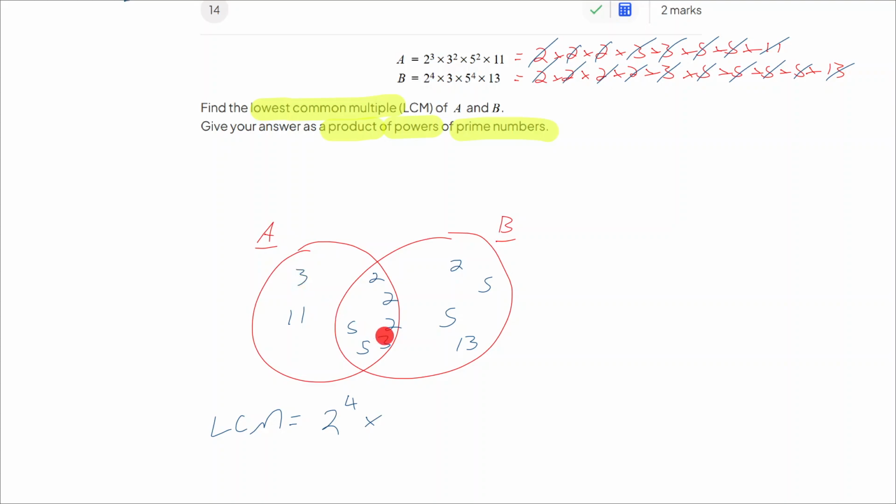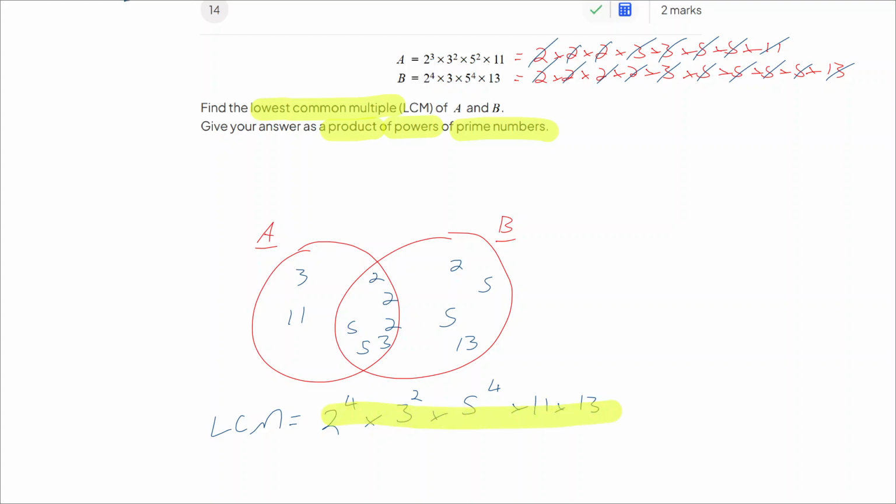We've got 2 3s, so 3 squared. How many 5s have we got? 1, 2, 3, 4 5s, so 5 to the 4. Any 7s? No. Any 11s? Yeah, we've got 1 11, and we've also got 1 13. So there should be 12 numbers. 1, 2, 3, 4, 5, 6, 7, 8, 9, 10. That should be good. And this is my answer.